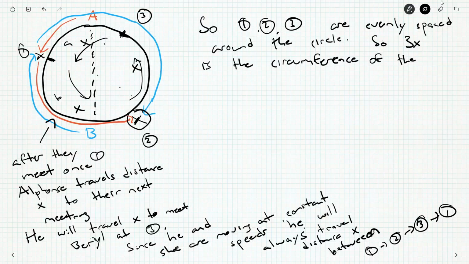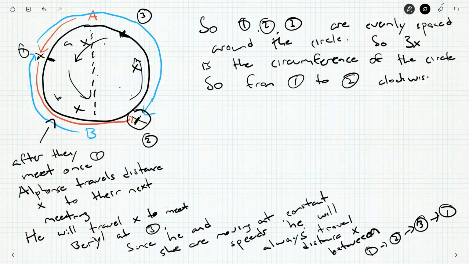Of the circle. So now we've got a piece of information about this puzzle in terms of another piece of information. X, we're going to say, is the distance Alphonse travels between two of the consecutive meeting points. So 3x, because they have to be spaced evenly about the circle, 3x is the total perimeter. So from 1 to 2 in a clockwise direction, that's what Beryl travels.